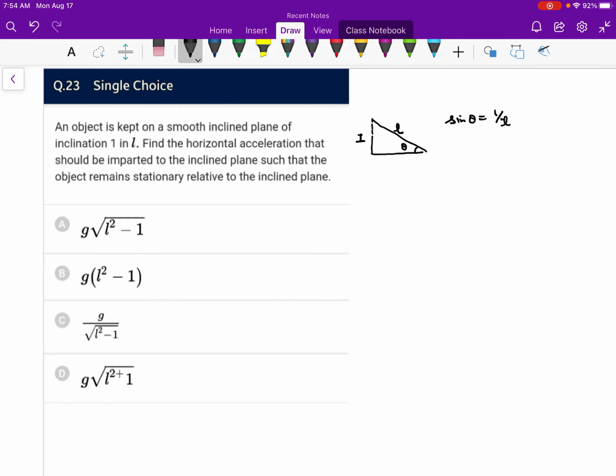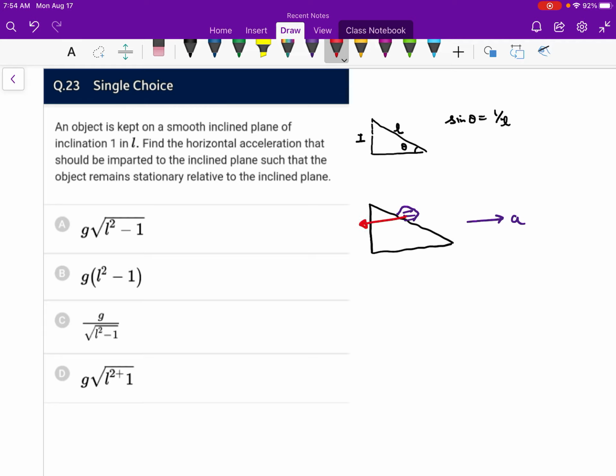Now, such that the object remains stationary relative to the inclined plane. So we have this inclined plane and an object is lying on it, and we should give acceleration to the inclined plane so that the object remains stationary.